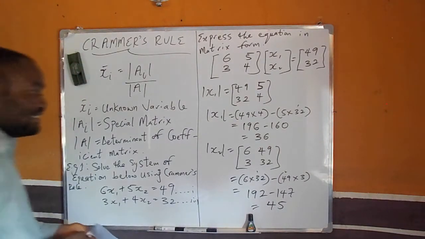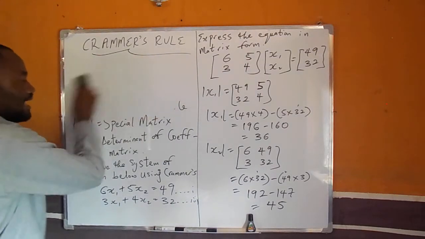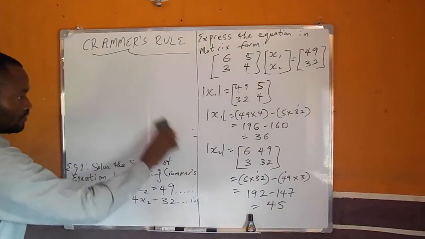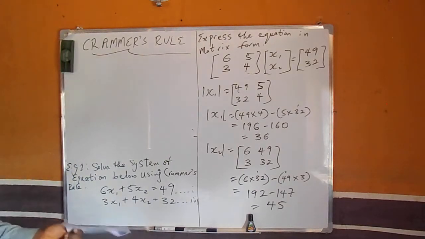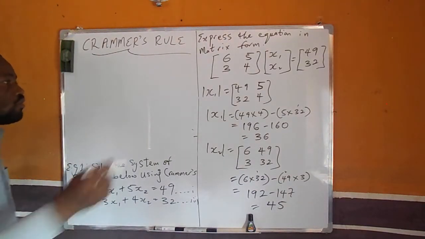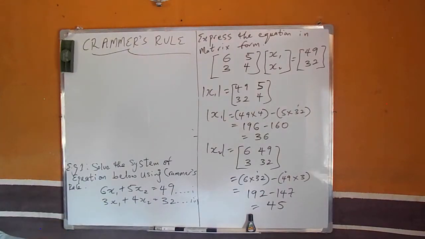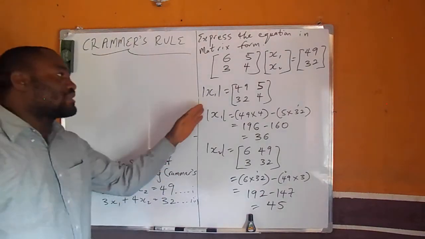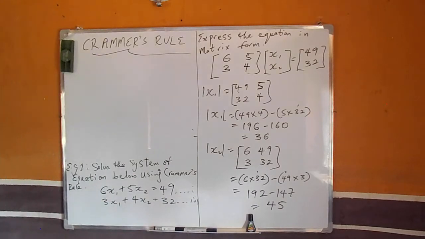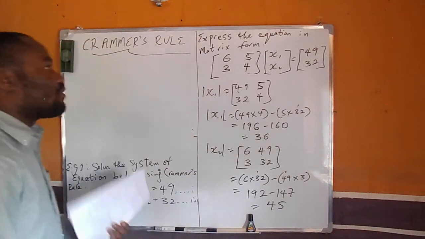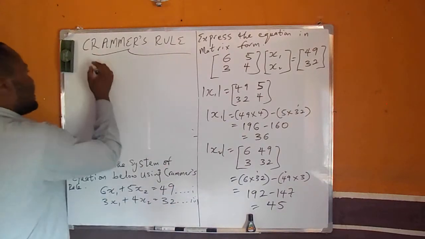We can now proceed to look for our x1 and x2. Now we have the determinant of x1 and x2, so what is the determinant of A?